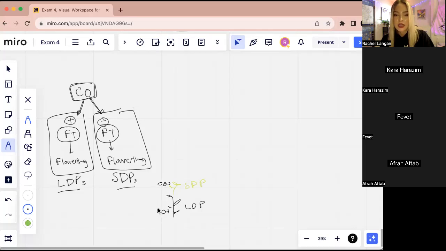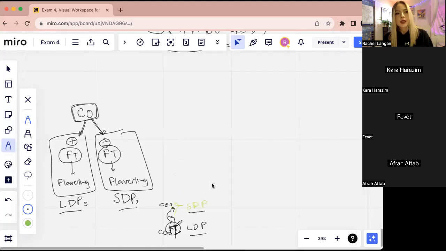Because FT is a hormone that can travel, if it's made down here, it can travel up to the grafted on short day plant. Meaning, if either one of these is successful in creating FT, the other one can also get FT and will flower.